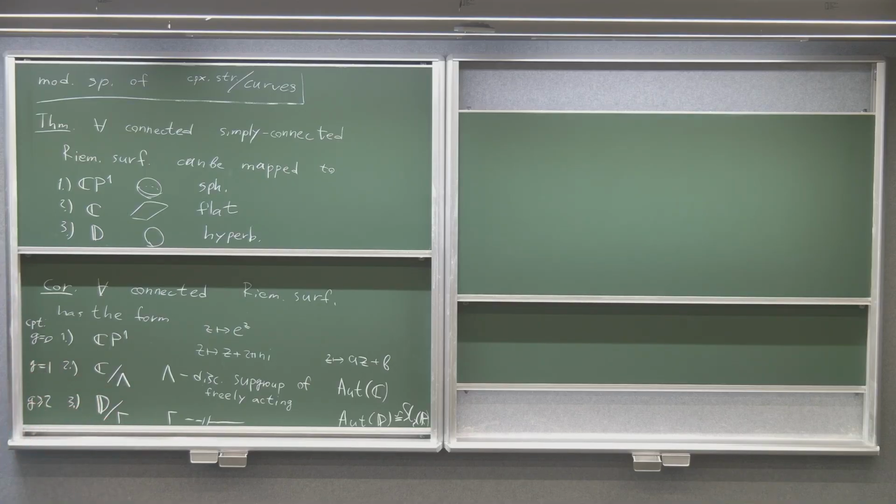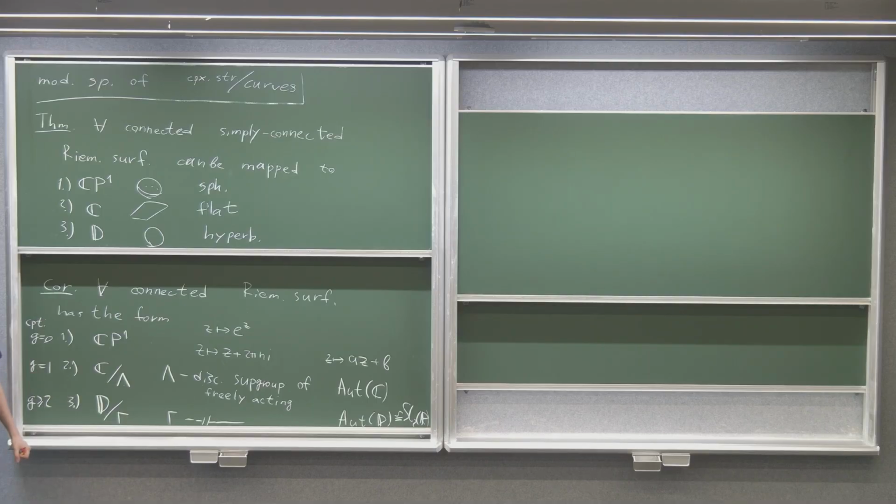The idea is the following. I started with the moduli space of curves. Here we basically have just one curve, CP1. So the moduli space of curves of genus 0 is not that interesting, it's just a point. The moduli space of elliptic surfaces, of the form C quotiented by some lattice, is one-dimensional.